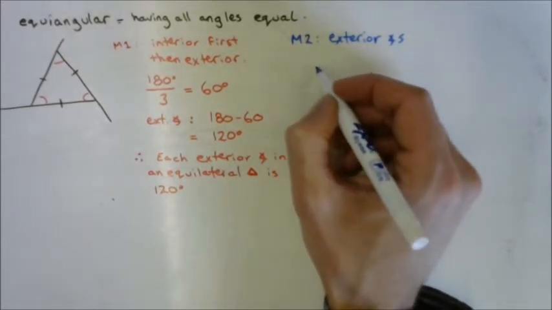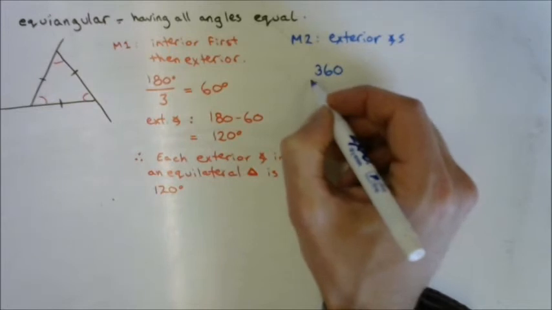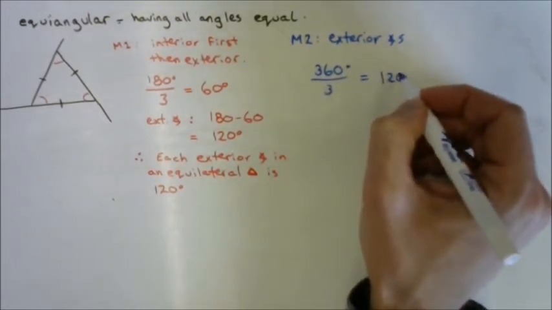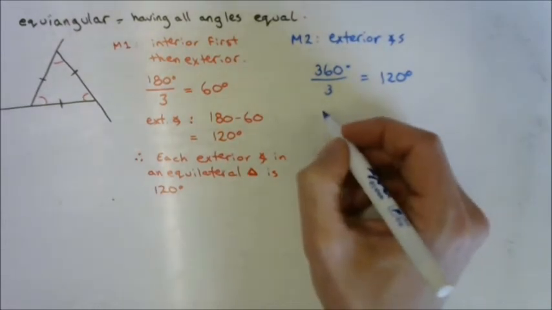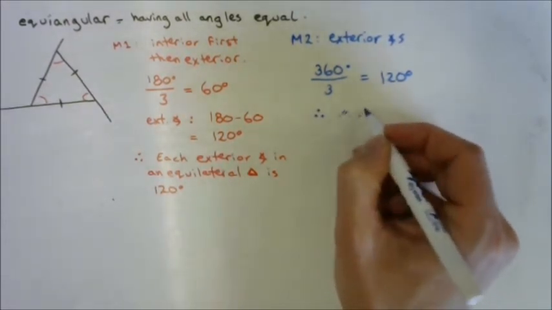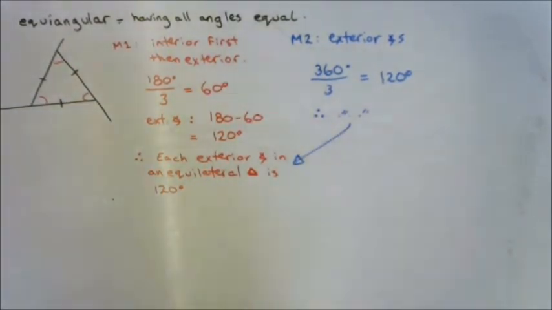So all we really have to do is take 360, divide it by 3, giving us 120. Done. Therefore, and I'm just going to put an arrow to my last answer, 2 different ways to get the exact same answer. Therefore, each exterior angle in an equilateral triangle is 120 degrees.